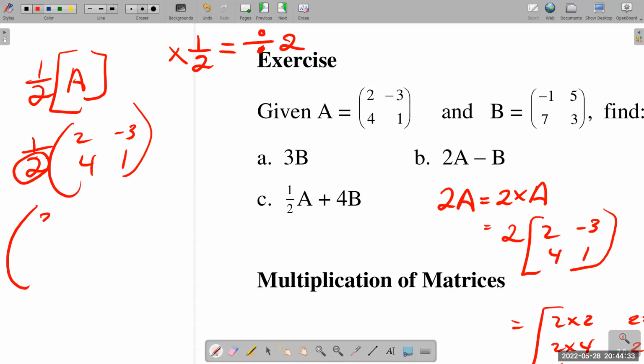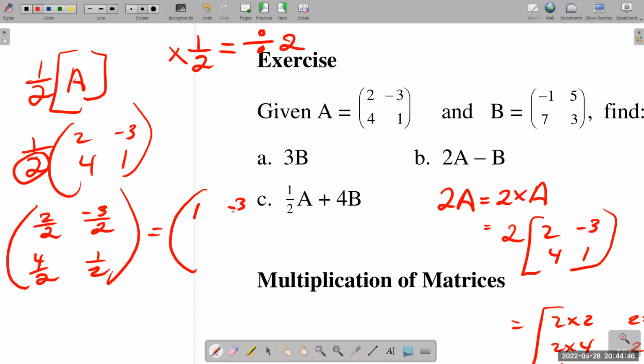So what we're going to end up with is 2 over 2, -3 over 2, 4 over 2, 1 over 2. And so we simplify it. We're going to end up with 1 because 2 over 2 is a whole. We leave this as a fraction because it can't be simplified further. 4 divided by 2 is 2.